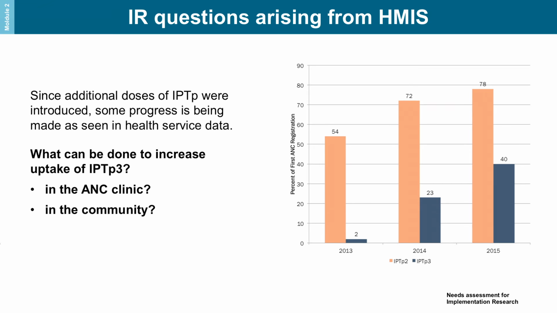In some places, the community intervention has been designed where the community mobilizes and educates mothers, and others are testing out whether the community can help deliver these additional doses. So again, our information raises the question that we can think about together, as we said earlier, with all of our stakeholders, to come up with a locally relevant design, a locally relevant intervention that can be tested through implementation research.